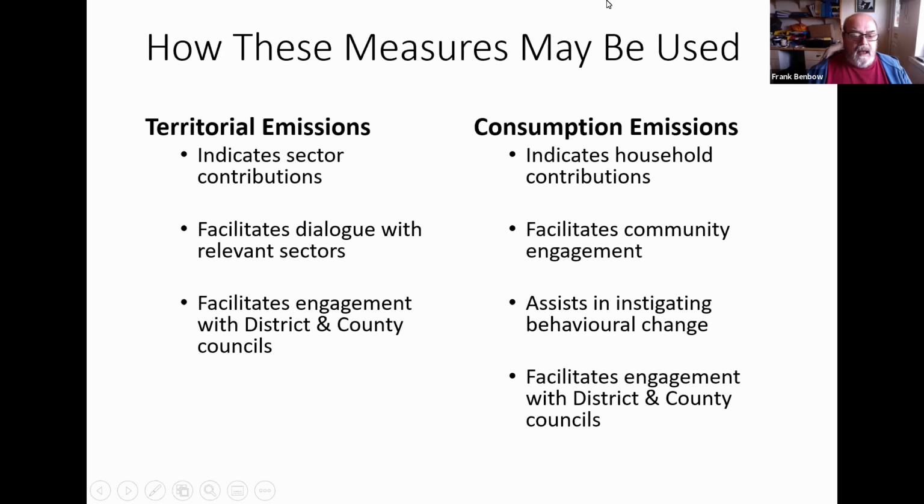Right, how can we use these measures? Territorial emissions gives you an indication of the sector contributions. So I'll go into that in more detail when those slides come up. But it enables you to open a dialogue with the relevant sectors. So you would have knowledge of the carbon footprint that particular sector is contributing to your community.